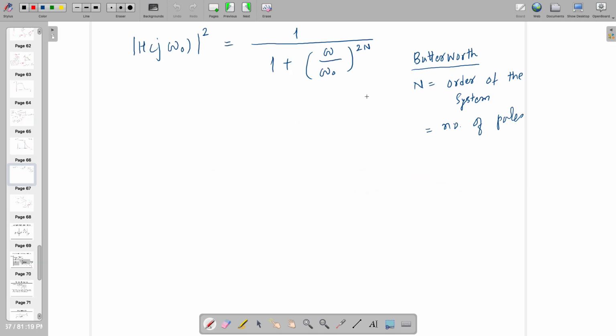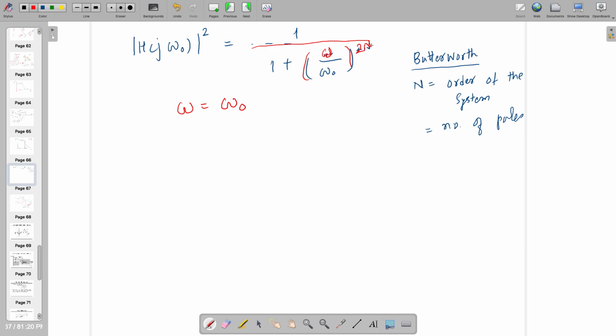Okay. So if omega is equal to omega 0, by the way, it has to be square root, right? So it's wrong. Just the magnitude will give you this one, right? This is correct, right?